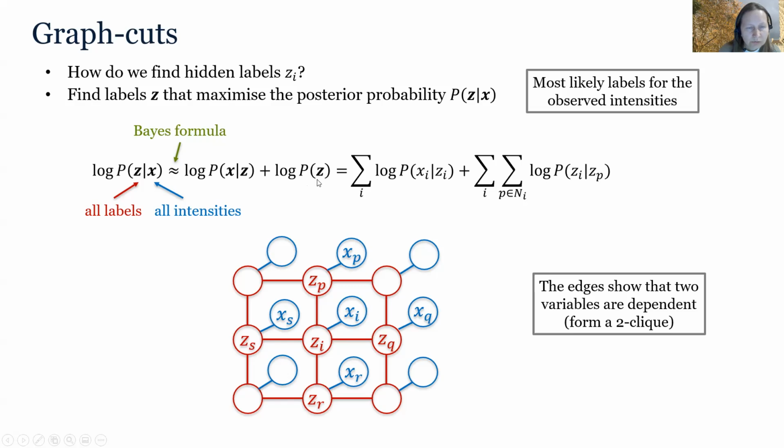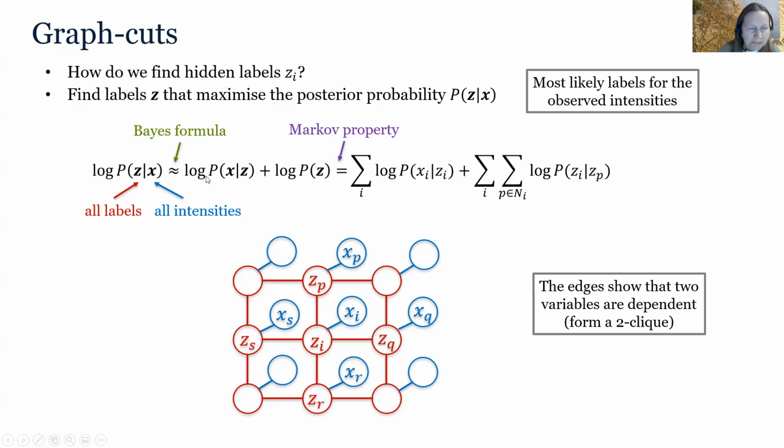Now we need to unpack these two terms, because that's a joint probability that is a very big thing that we can't optimize. So we will use this graph here, which gives us the Markov properties for these variables, to create the likelihoods and priors for the individual variables. We said that the intensities are not dependent on each other. That means that we can multiply individual intensities, and this is conditional on the labels.